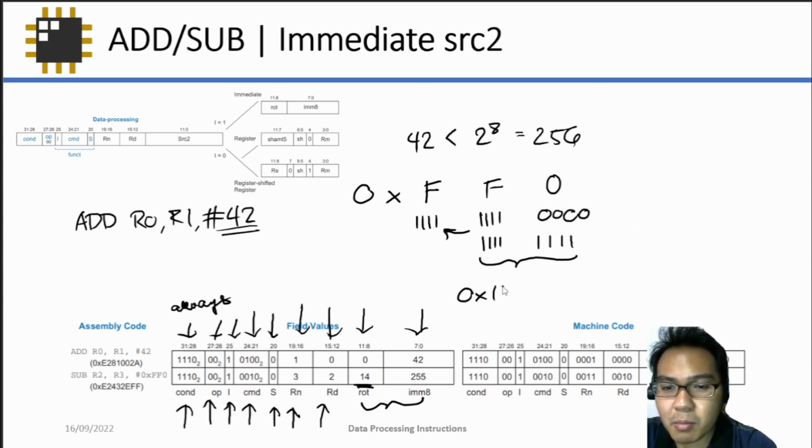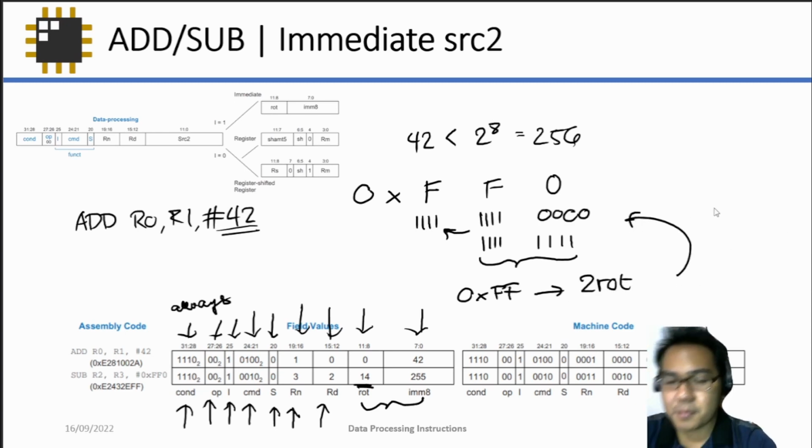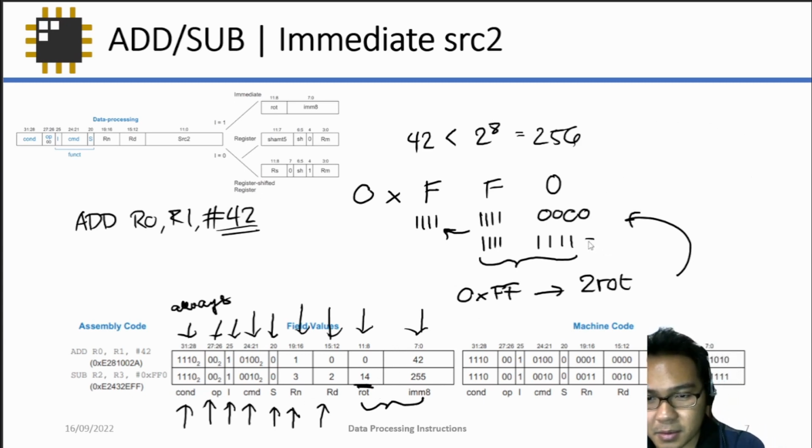So we took something that fits in 8 bits, that is 0xFF, and then we applied 2 rot to it to get this. This is 255, by the way, which is this one. So since it's already 255, let's apply it to this number.